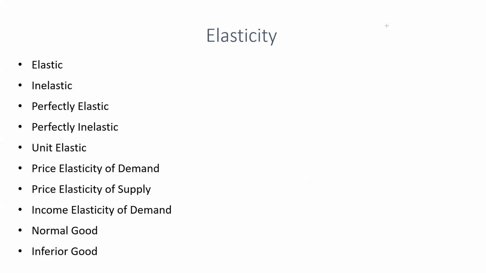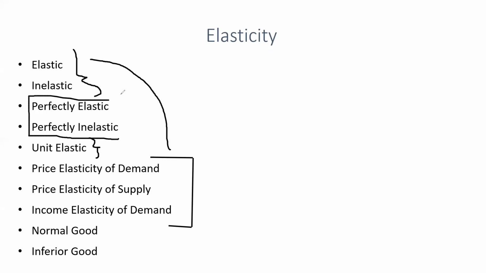Now let's move on with the actual calculation, because these three parts, price elasticity of demand, price elasticity of supply, and income elasticity of demand, are actually calculations which will help us understand whether something is elastic, inelastic, or unit elastic. Okay, these two concepts will be covered right at the end.